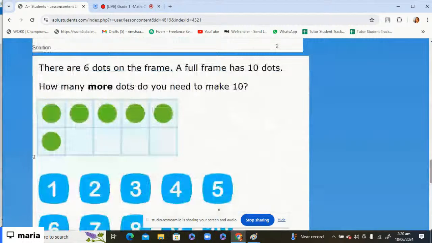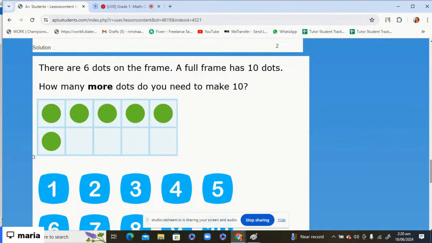Now this one is a bit difficult. Now you guys tell me how many more dots that you need to make 10. Look at here. How many total dots? It's one, two, three, four, five, six. So how many more dots that you need to make 10? Count the blank spaces, and then tell me.